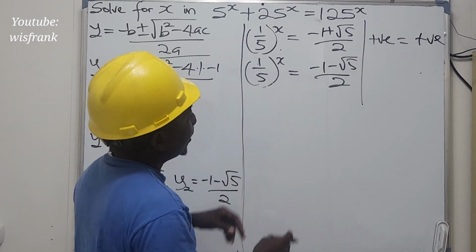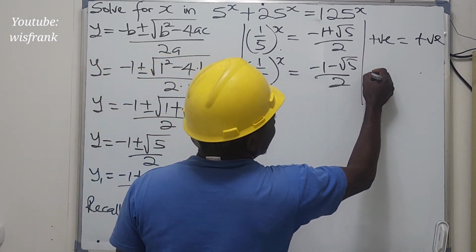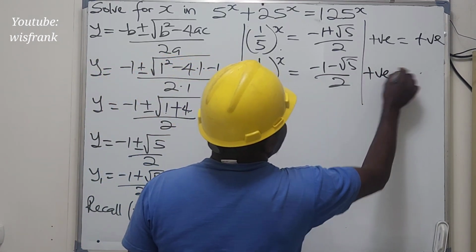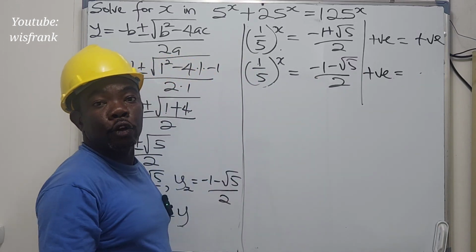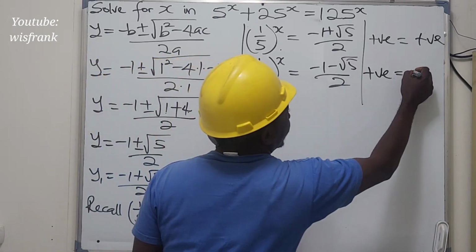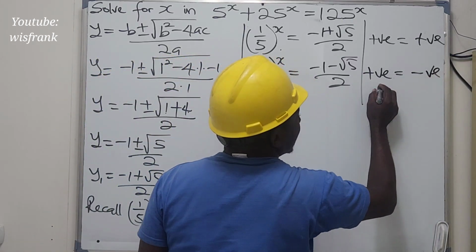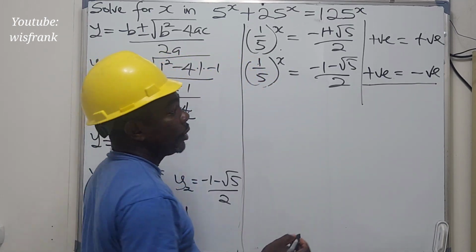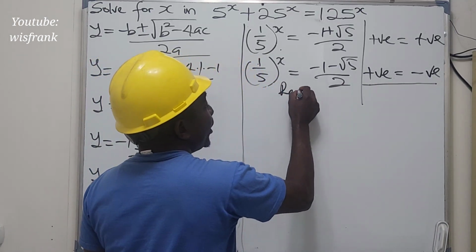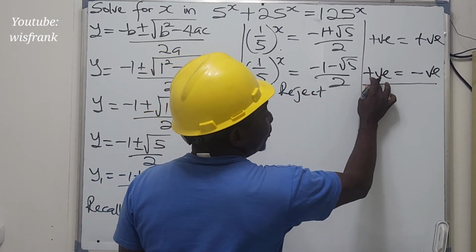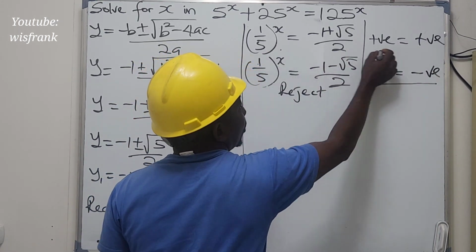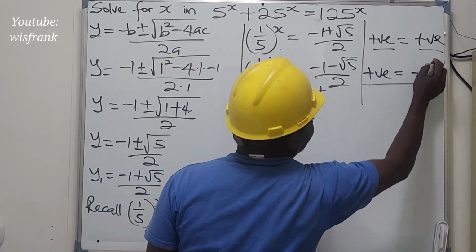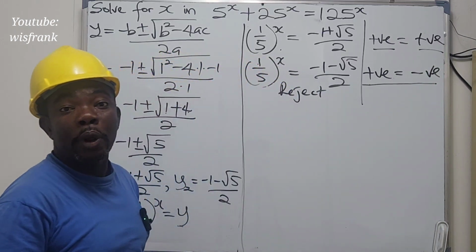The second one, you can see that we have the left-hand side as positive, which is equal to minus 1 minus root 5 all over 2, which is negative. So in this second case, positive cannot be equal to negative. So the second one is rejected because we have positive on this side and negative on this side. The first one has positive here and positive here. That is the only solution that we are going to solve.